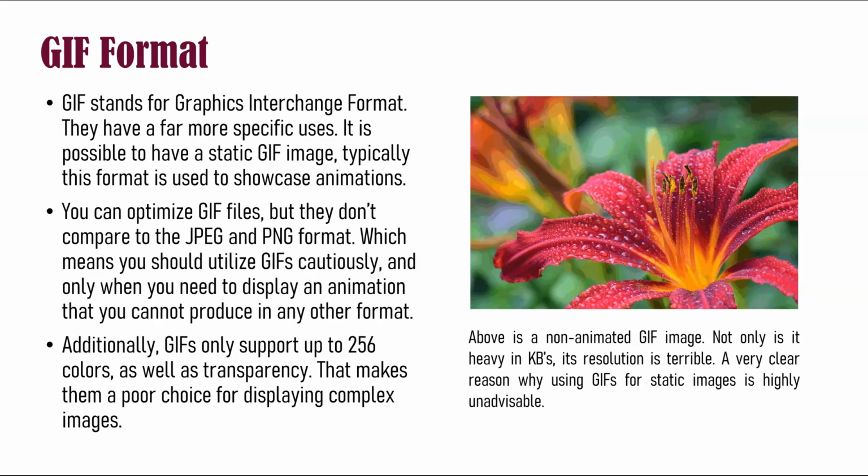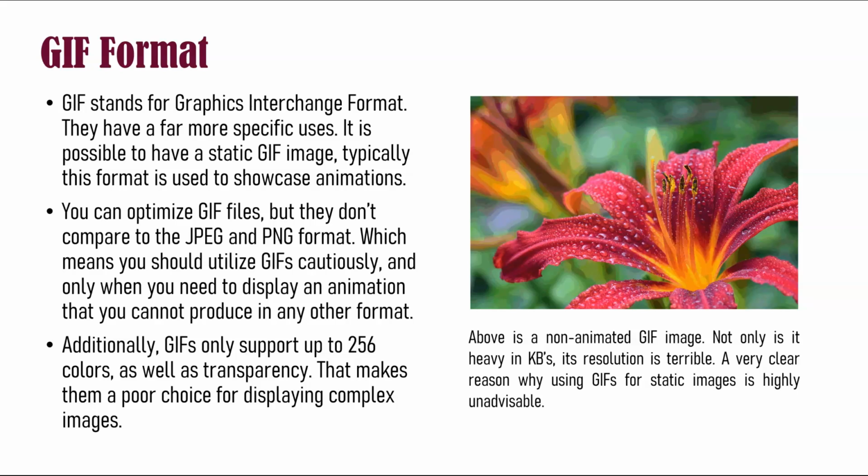So the GIF format has a very specific use. Typically, you can save them like you can save a JPEG and a PNG, but you're not going to get the same quality. We typically want to use these for showcasing animation.